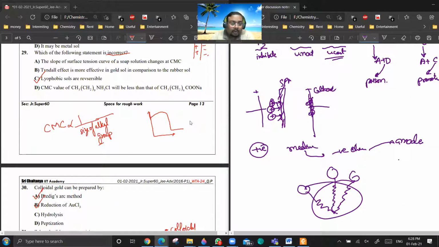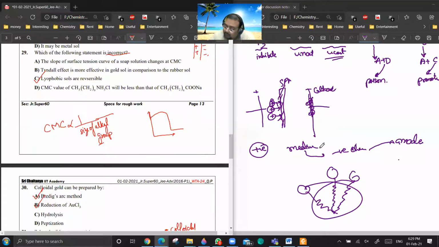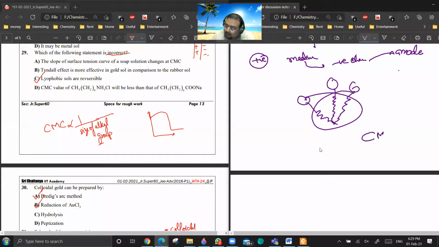Okay. So generally the rule is that if the hydrocarbon chain is longer, you require a fewer number of soap molecules to form a micelle, because you will be able to achieve that critical amount of van der Waals forces required to hold a micelle together. Is it clear? Yes or no? Yes, sir. Okay. So just remember this thing, that critical micelle concentration is inversely proportional to the size of the alkyl group. Okay.